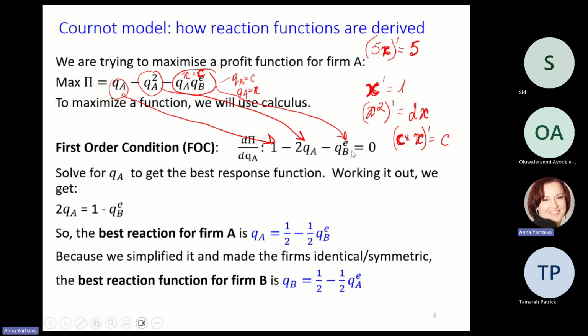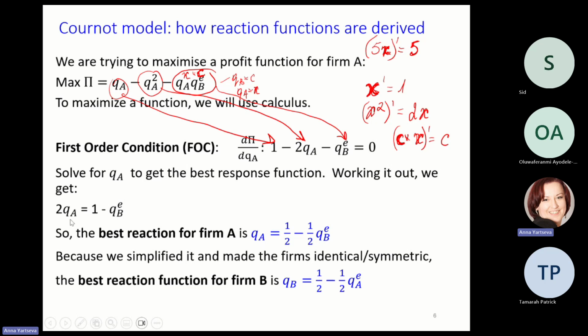So we've taken a derivative, made it equal to 0, right? And next step, what we have to do is just to work out QA from here. So from this expression, we just solve it to find QA. We move all terms with QA to one side. So 2QA, we move it to the right-hand side, right? And whatever is left will be on the other part of the equation. It's 1 minus QB.